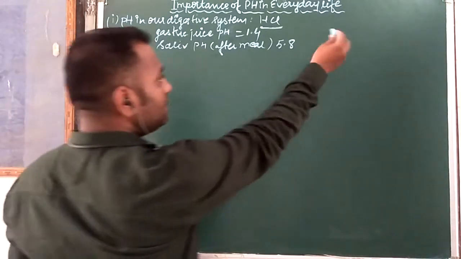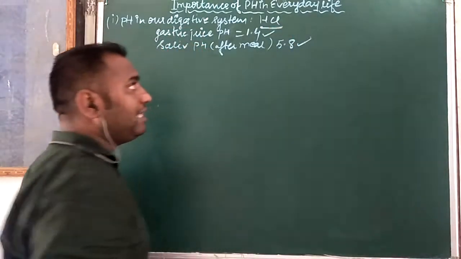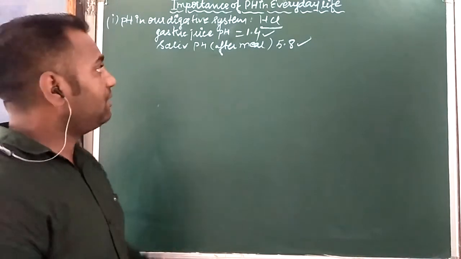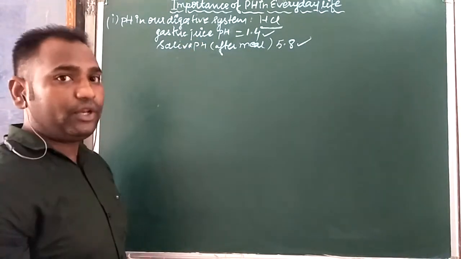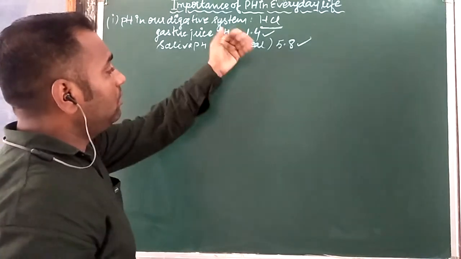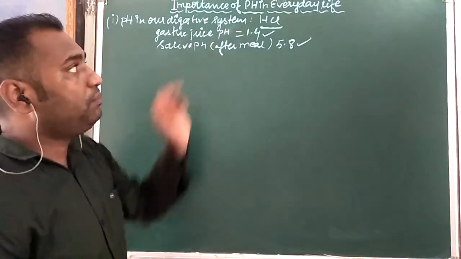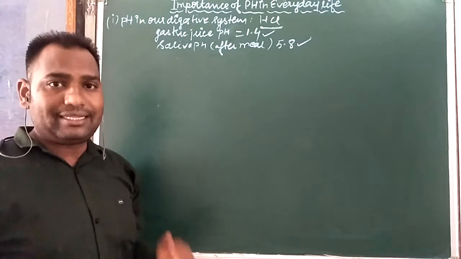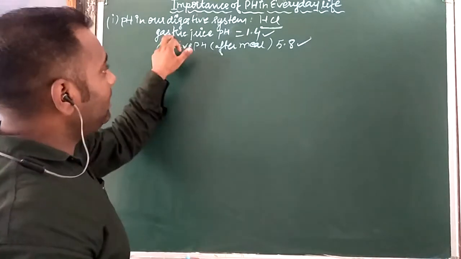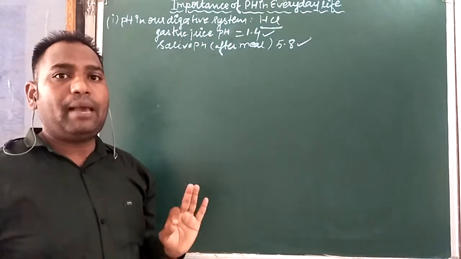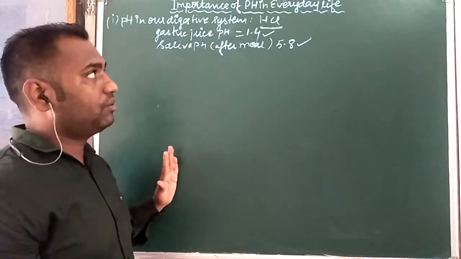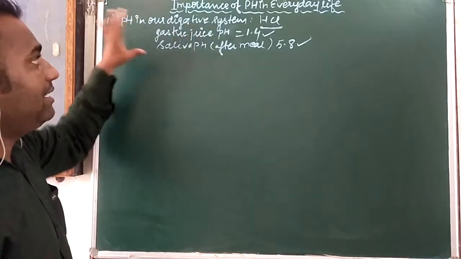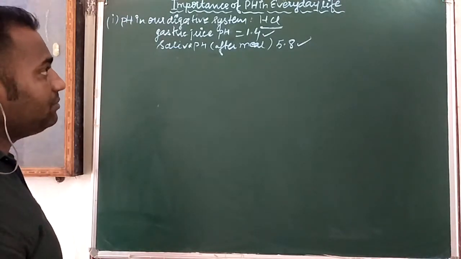You can see both pH values showing an acidic medium: saliva pH after a meal is 5.8, and gastric juice pH is 1.4, which is very acidic, and only this very acidic condition makes digestion possible in our stomach. So this is the role of pH in our digestive system.